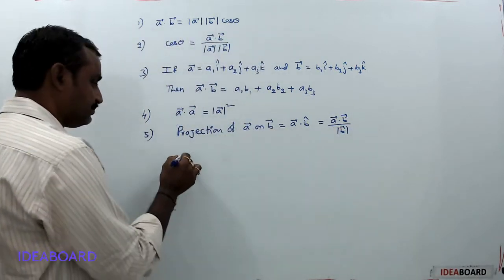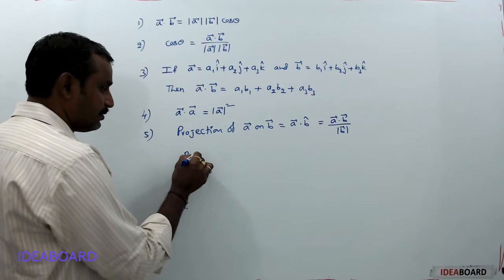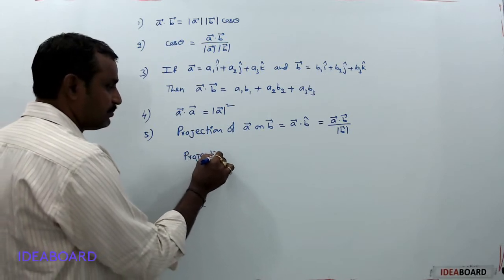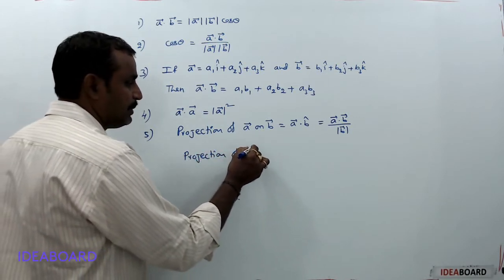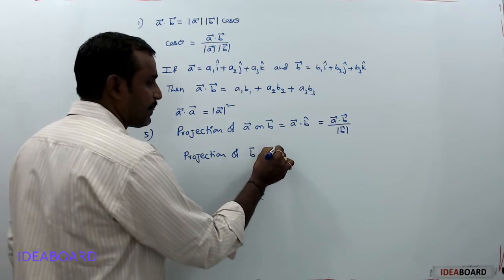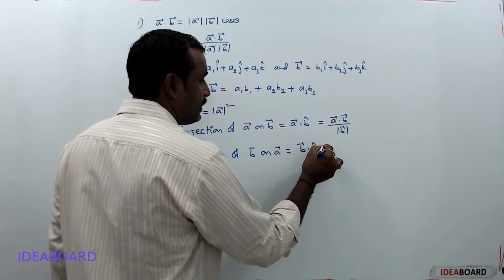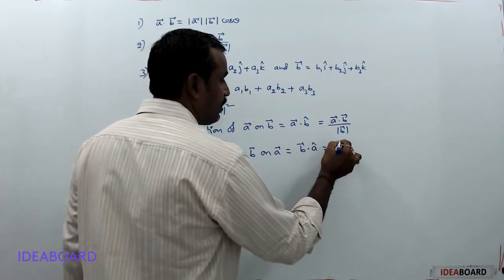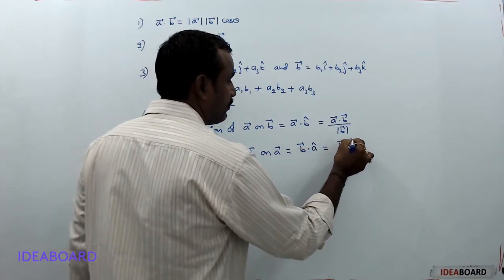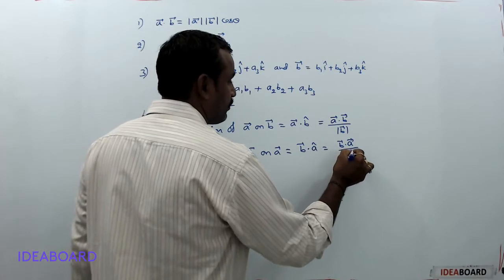Similarly, projection of b bar on a bar is equal to b bar dot a cap, that is equal to b bar dot a bar by magnitude of a bar.